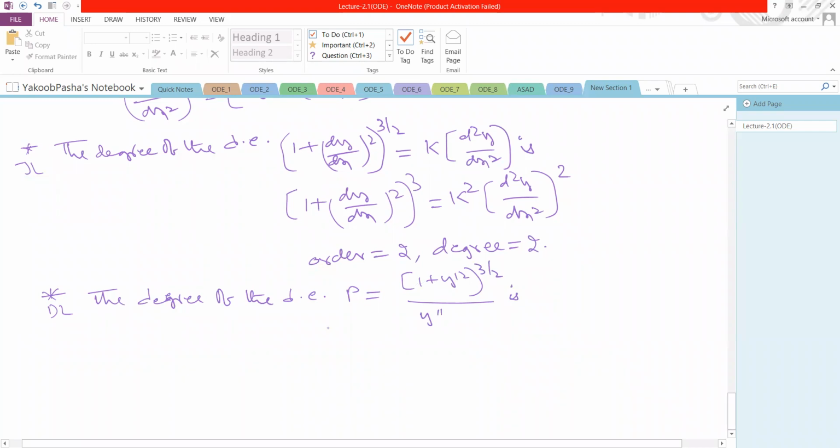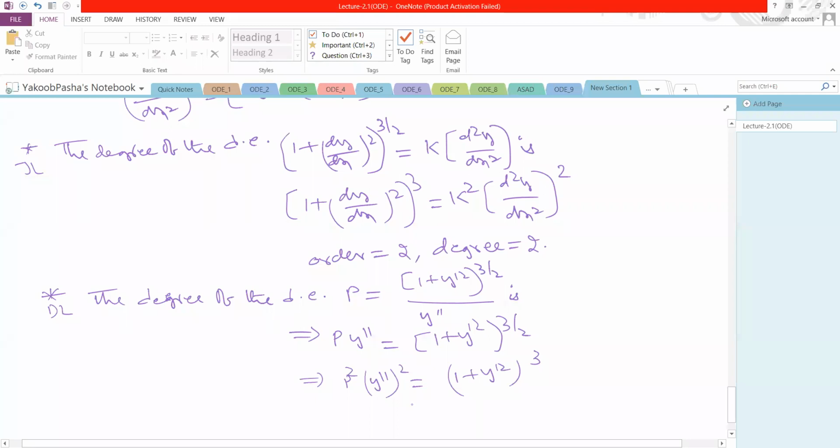So first we can write this equation as p into y double dash is equal to (1 plus y dash square) whole power 3 by 2, and squaring on both sides we get p square into (y double dash) whole square is equal to (1 plus y dash square) whole power 3.